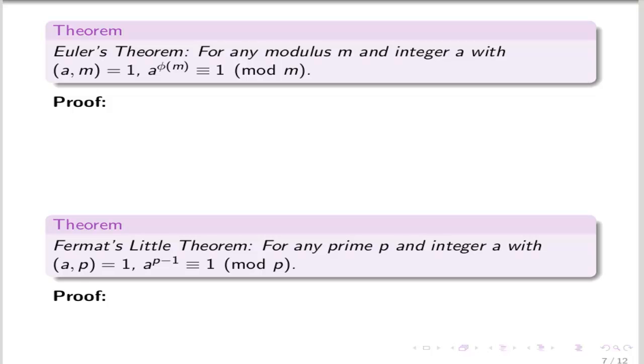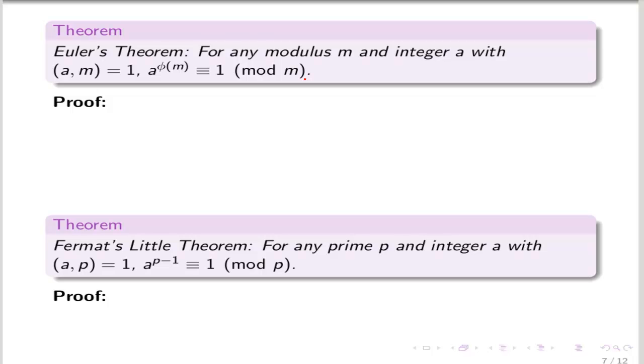Euler's theorem says the following. Take any modulus m, any positive integer m, and any integer a relatively prime to m, then a raised to the Euler phi function of m is congruent to 1 mod m.